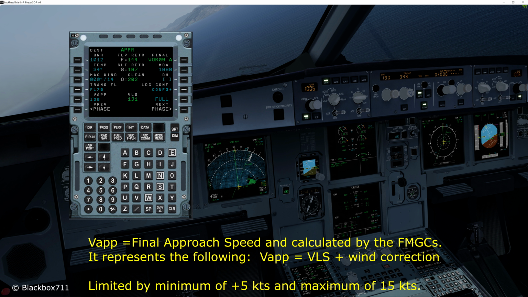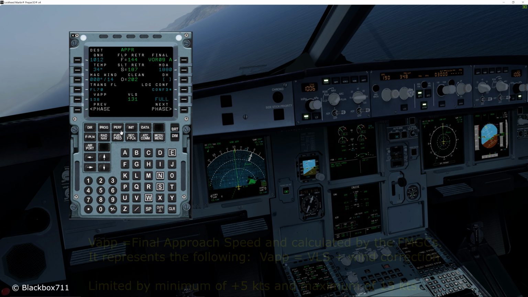And hence, when you insert the wind with a headwind component of less than or equal to 15 knots, it doesn't actually change the V-approach speed. Only if you get more than 15 knots headwind component will the V-approach get above plus 5 knots.